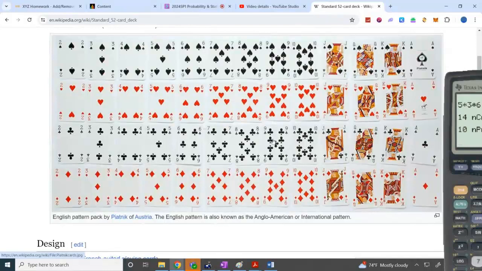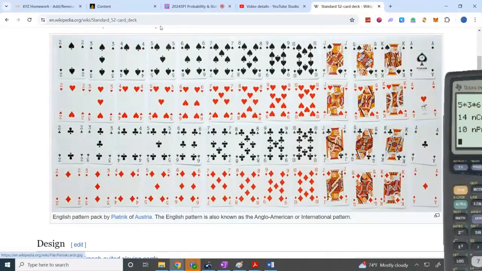3, 5, 7 and 9. So that's 16 odd cards, and then 4 queens makes 17, 18, 19, 20.